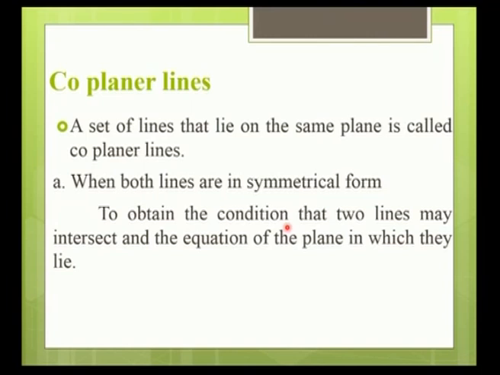We know two lines or more than two lines are said to be coplanar if these lines lie on the same plane. So, a set of lines that lie on the same plane is called coplanar lines. When both lines are in symmetrical form, the equation of a plane containing the two lines will be different.